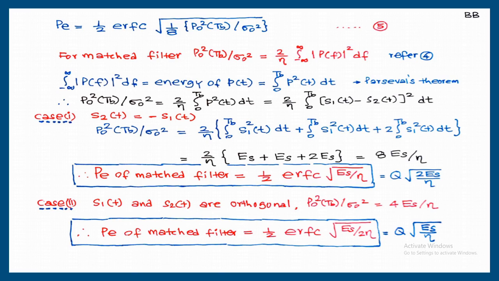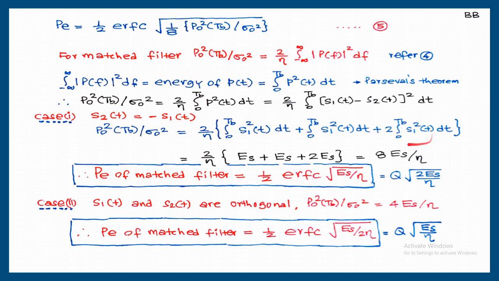I am just showing one more case, that is case 2. s1 of t and s2 of t are orthogonal signals. If they are orthogonal, the energies of s1 and s2 are the same, but the product integration result will be 0. So we will get only Es and Es.